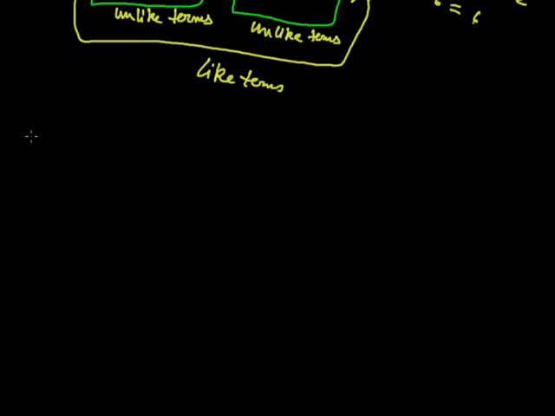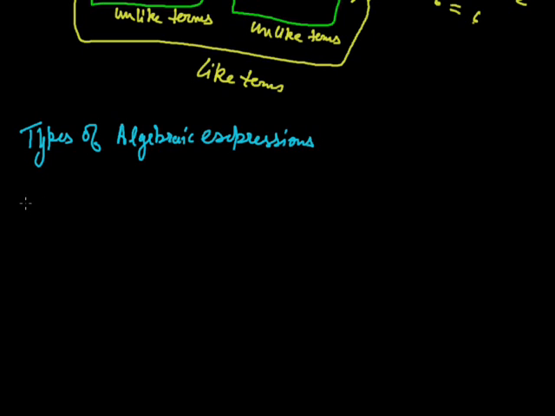Next is types of algebraic expressions. The first one is monomial. Mono means 1. Therefore an algebraic expression containing only one term is known as a monomial.